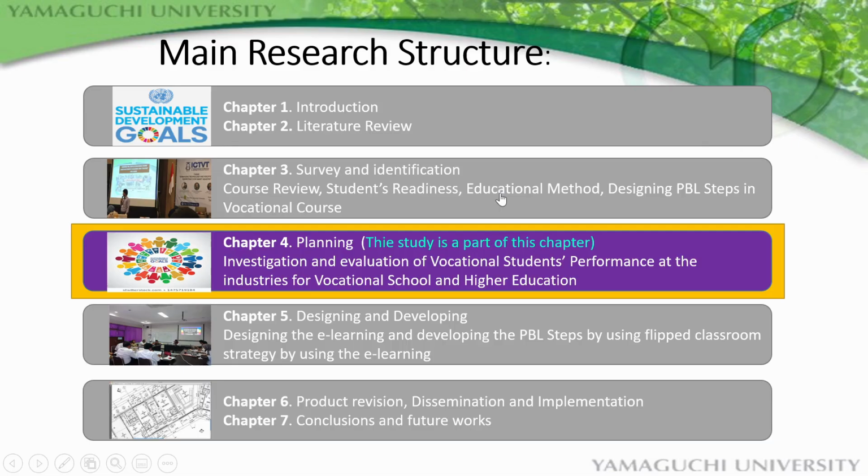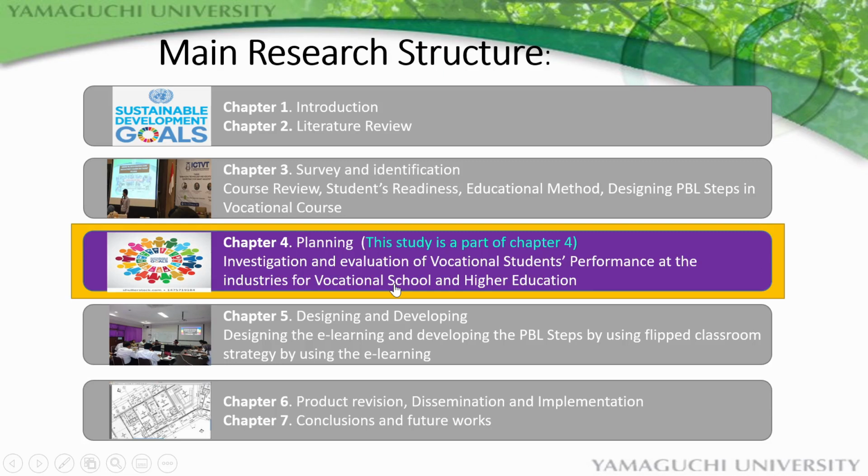As this research is part of a main big research, here is the main research structure of the big research. This study is a part of Chapter 4, Investigation and Evaluation of Vocational Student Performance at the Industries for Vocational School and Higher Education. It begins from Chapter 1, Introduction, Chapter 2, Literature Review, Chapter 3, Survey and Identification.